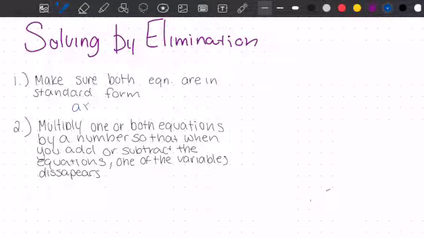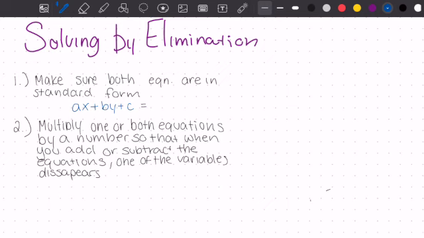Standard form here is our AX plus BY plus C equals 0. So it's when everything in our linear equation is equal to 0, not y.